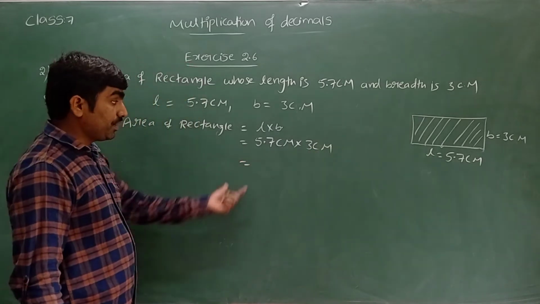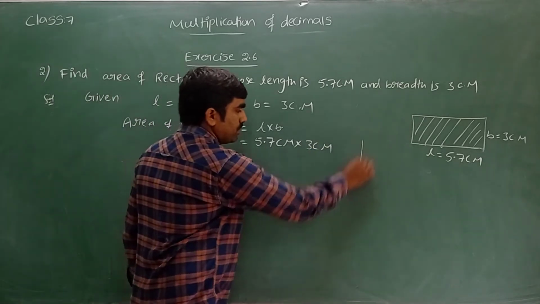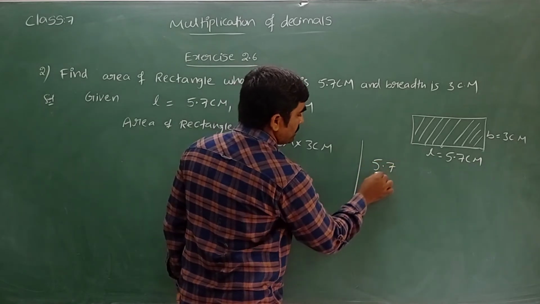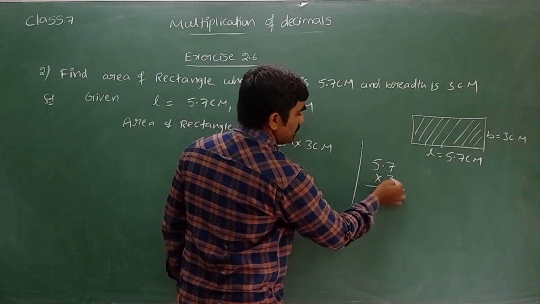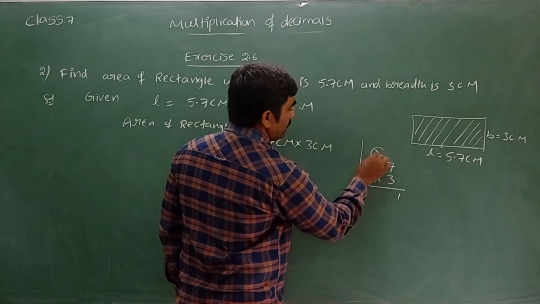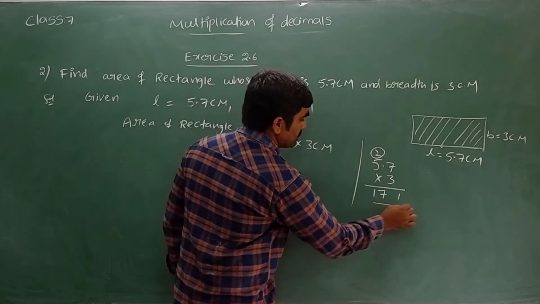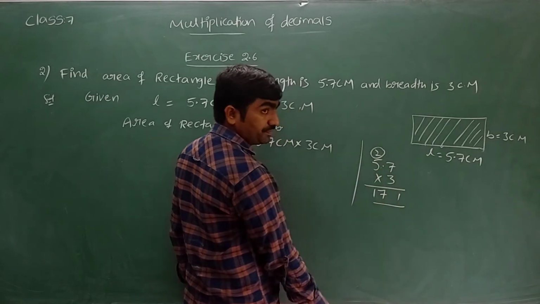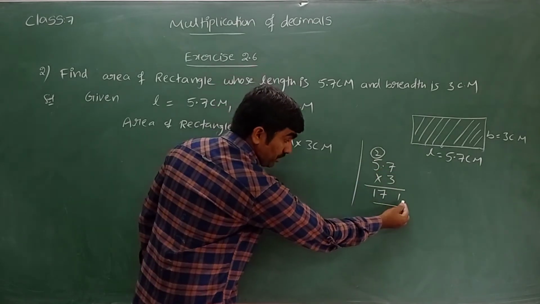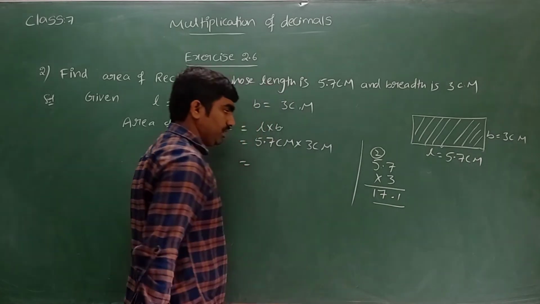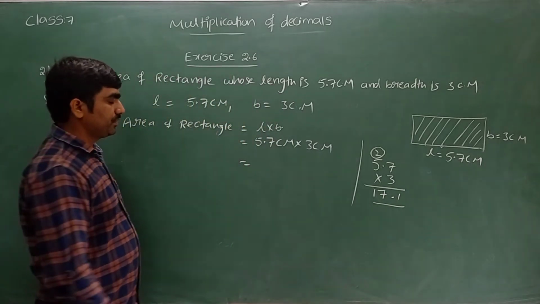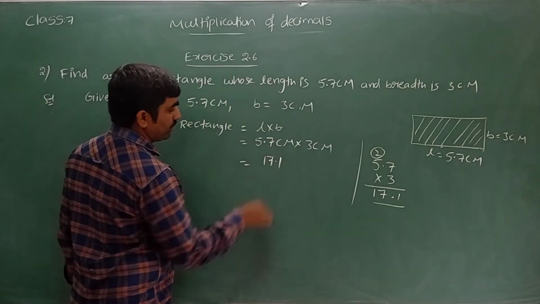Yes, multiply this. We can multiply here a decimal with a whole number. Yes, multiply them. 5.7 into 3. 3 sevens are 21, 1 carry 2. 3 5s are 15, 15 plus 2 is 17. Yes, point after one digit. So that from back onwards, one digit before, keep the decimal point. I got 17.1.